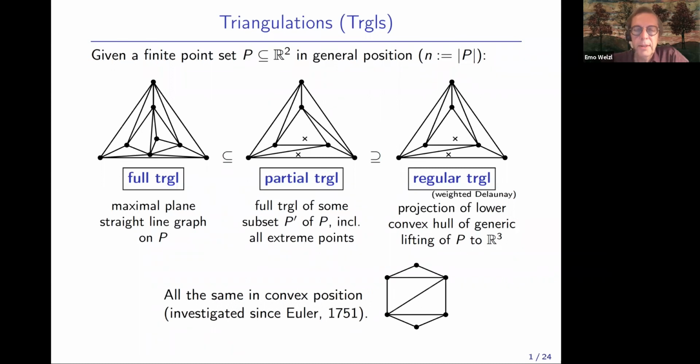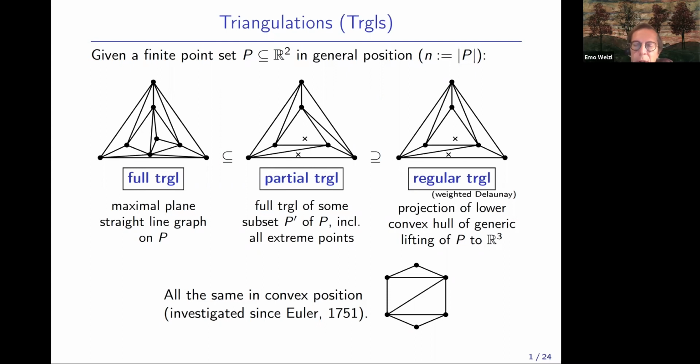And when it comes to convex position, so if the points are actually vertices of a convex polygon, then all the three notions coincide. As I said, the extreme points you cannot skip in a partial triangulation, so every partial triangulation actually has to be a full triangulation in that situation.